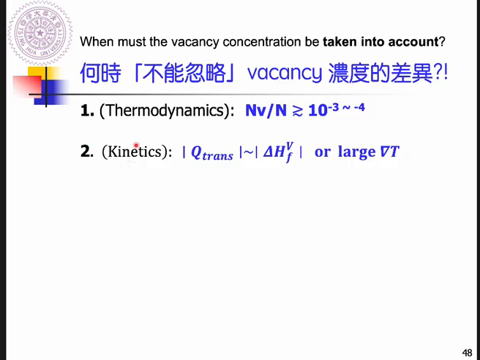Or from the kinetics point of view, when the heat of transport is close to the vacancy formation energy, or you do have a large temperature gradient. Under this situation, you still cannot ignore the vacancy mediated effect when you have a thermal gradient acting on your materials.